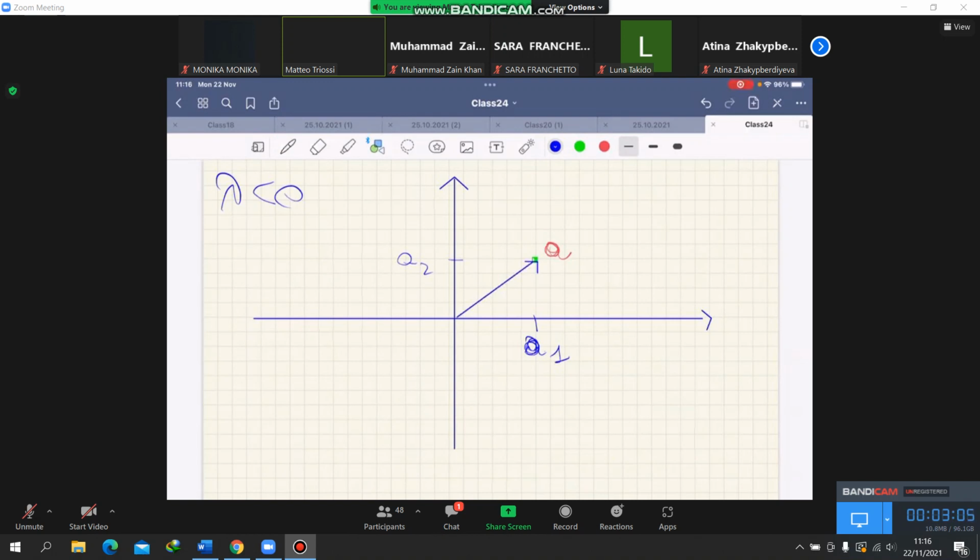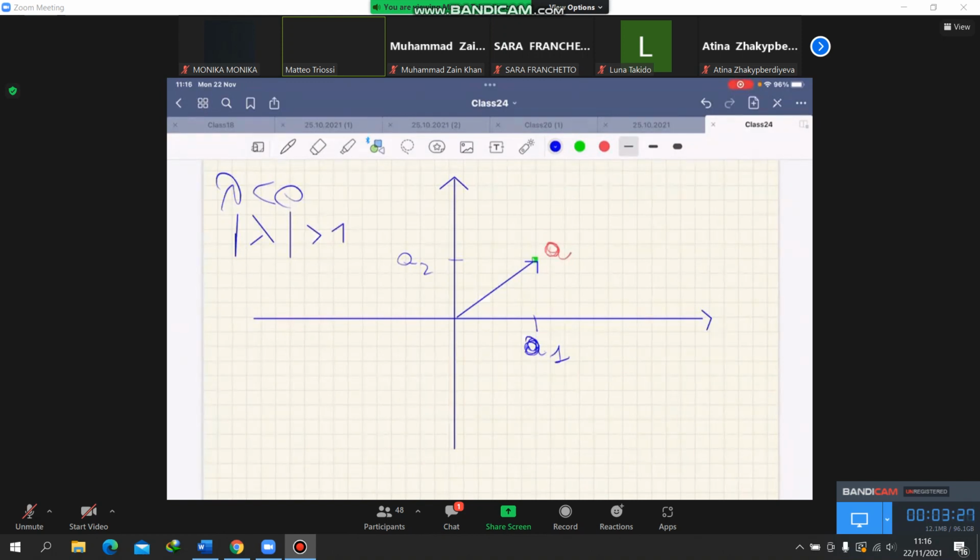So if lambda is negative, assume that for a moment the absolute value of lambda is greater than 1.